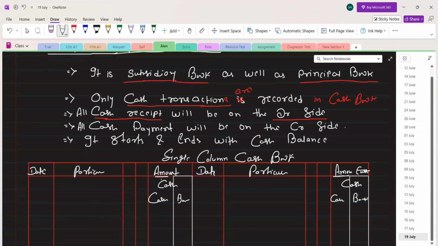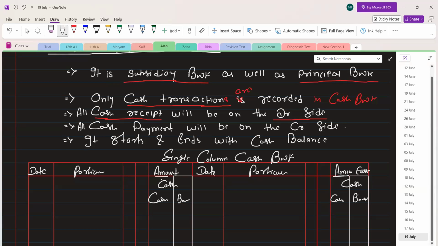So in a single column cash book, do we have to make two columns on the debit side and credit side? No. In a single column cash book, we create only one amount column, for cash, on the debit side and the credit side. So there will be one amount column on each side.